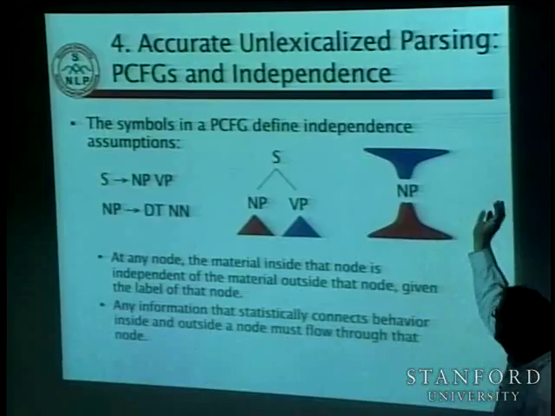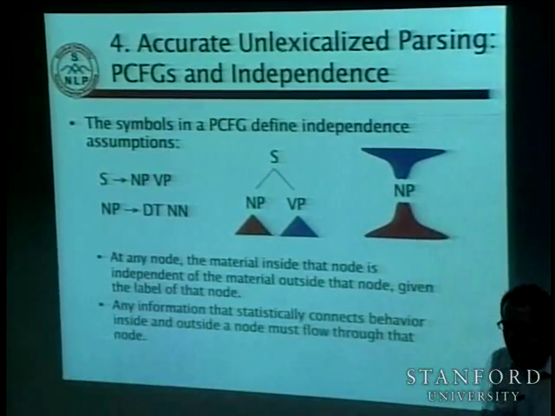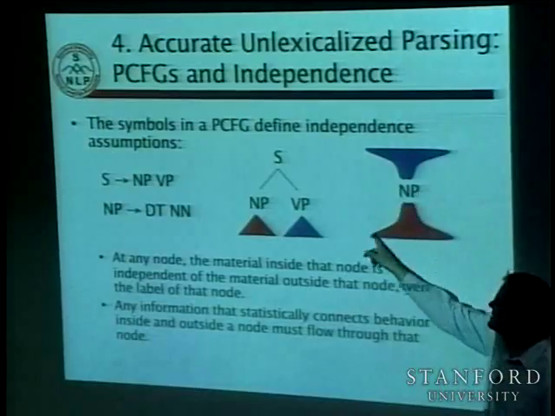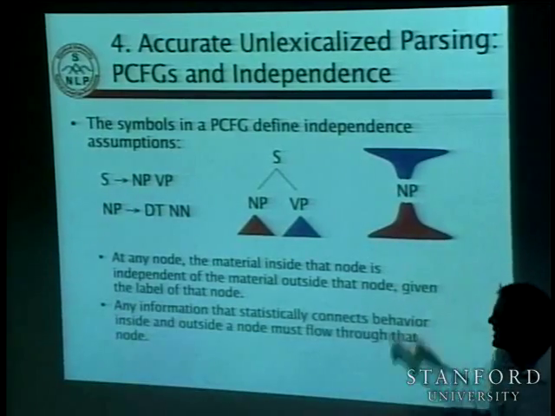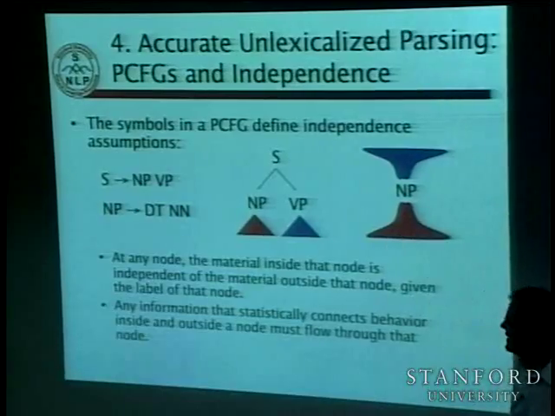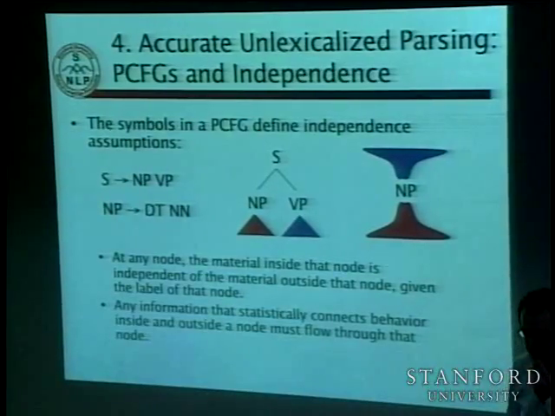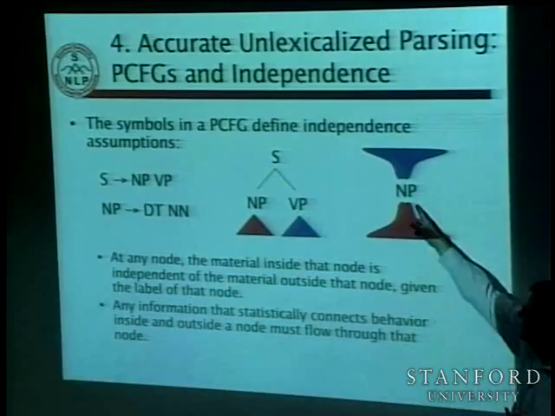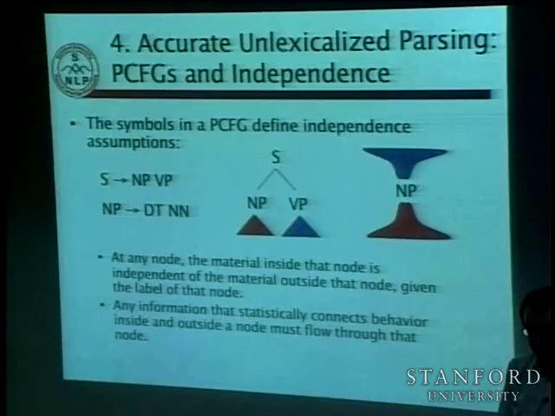Similarly, the probability of all the stuff outside of this depends only on knowing that this span is being parsed as a noun phrase. It knows nothing about the internal structure of this noun phrase. Now, the problem is that just saying this is a noun phrase gives you incredibly little information.